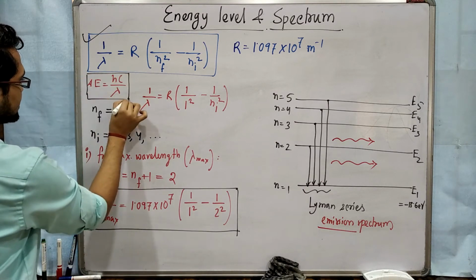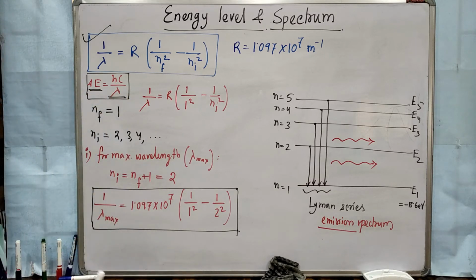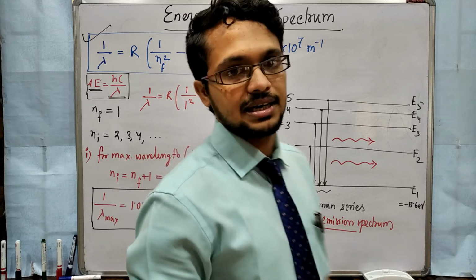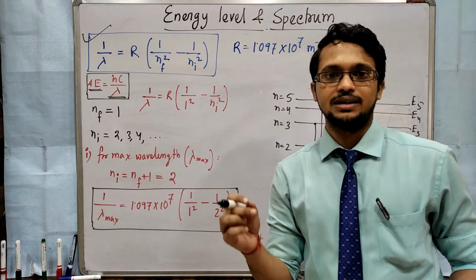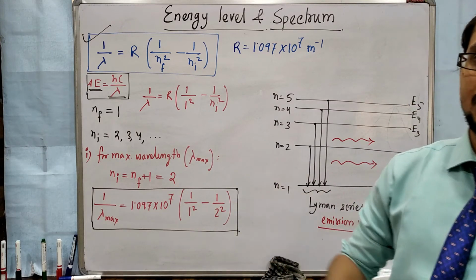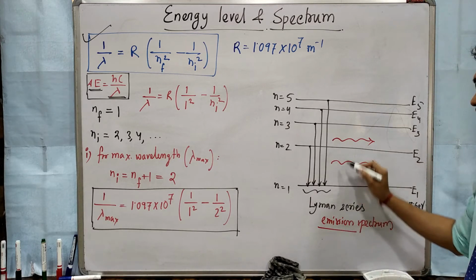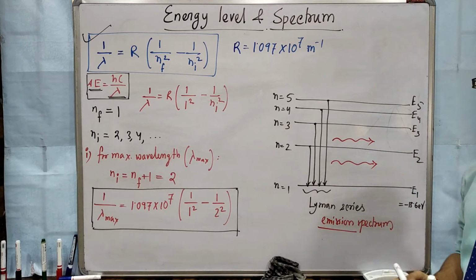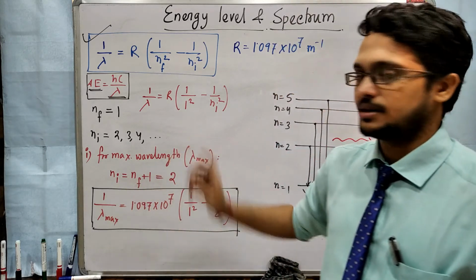The energy difference and lambda are inversely related. If we want the maximum wavelength, delta E should be minimum, and delta E will be minimum if we take just the level above the final energy level. Here the final level is 1, so just above means n equal to 2. So for maximum wavelength, ni should be nf plus 1.